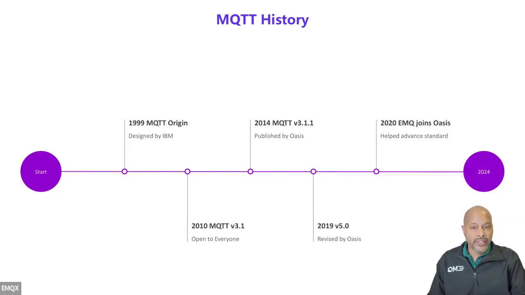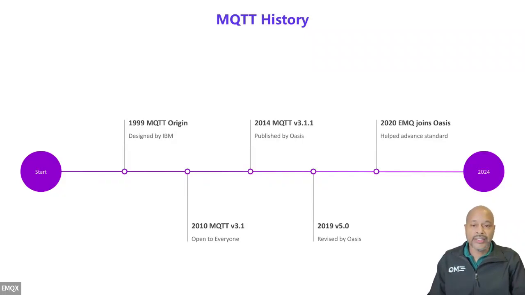In 2014, some enhancements were made, and Oasis published a new version, 3.1.1. This is often referred to as MQTT4. So if you hear the term MQTT4, it's often interchangeable with MQTT version 3.1.1.